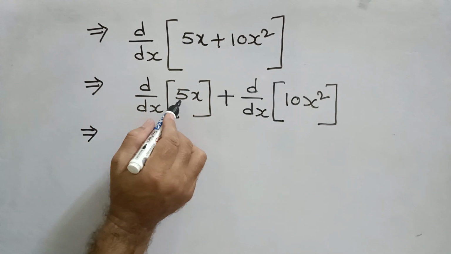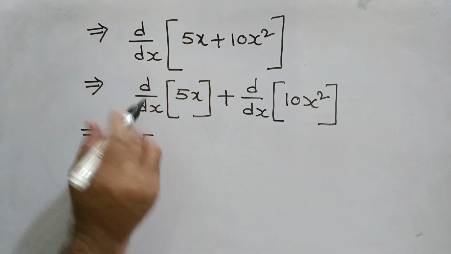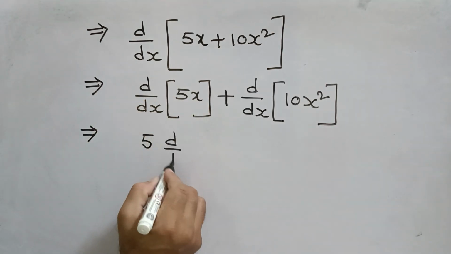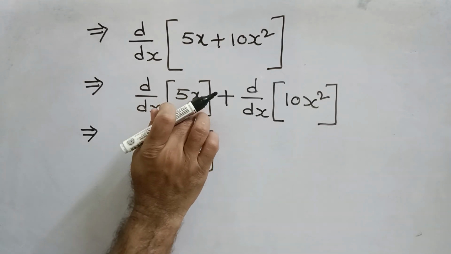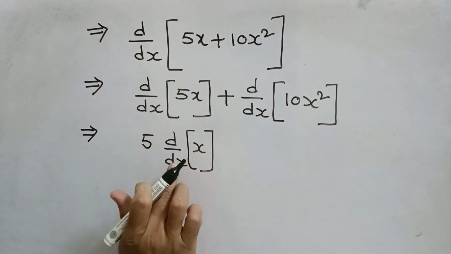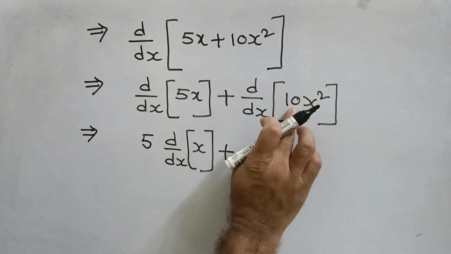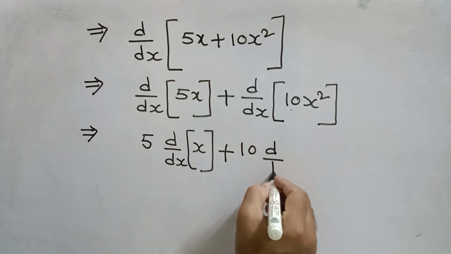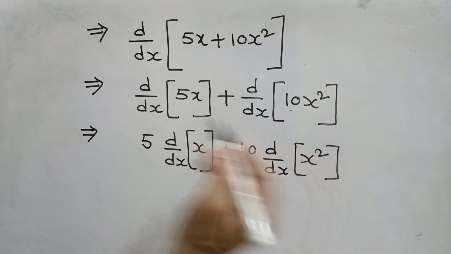You can bring that 5 to the outside, then apply d by dx to x, that is d by dx of x, keeping x within the bracket. Plus, 10 is the constant, therefore you take 10 outside, d by dx of x square.